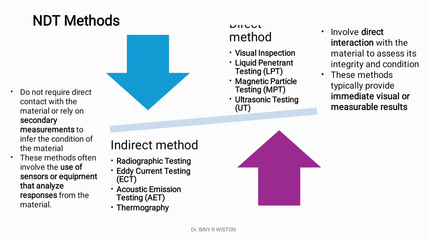Methods like visual inspection, liquid penetrant testing, magnetic particle testing and ultrasonic testing are direct methods, whereas indirect methods do not require direct contact with the material or rely on secondary measurements to infer the condition of the material. These methods often involve the use of sensors or equipment that analyze responses from the material. Methods such as radiographic testing, eddy current testing, acoustic emission testing, and thermography are indirect NDT methods.